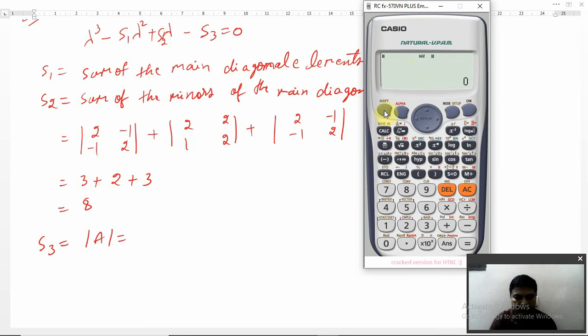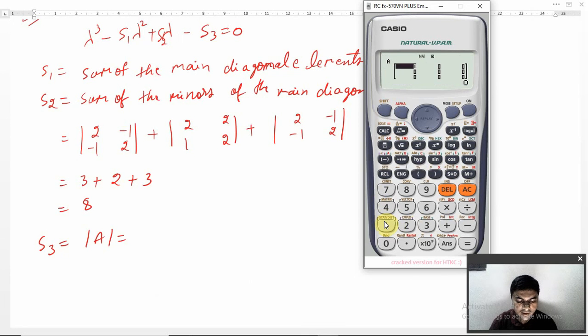Then go to shift, then from shift you can go to 4, that is matrix. Then go for dimension 1, again I want matrix A. So here in this case you are going to take 3 cross 3 matrix 1.